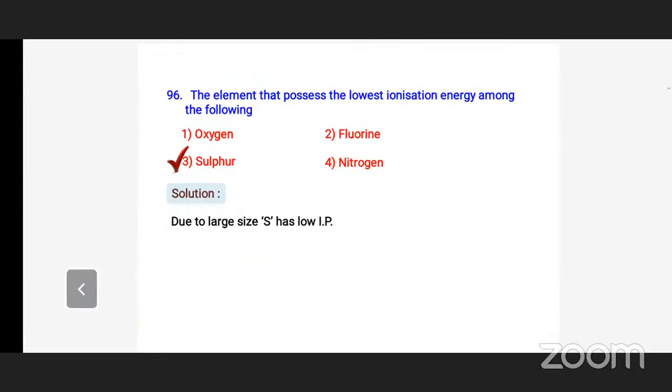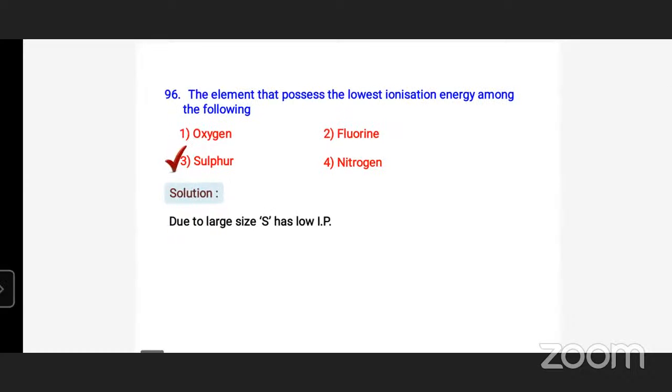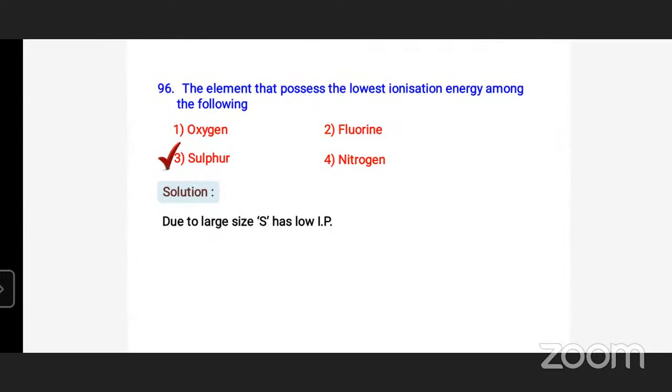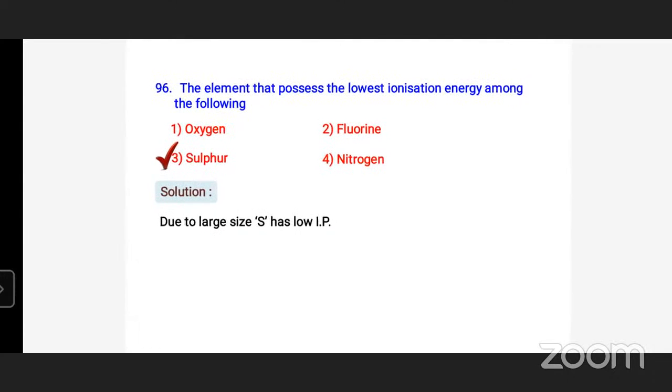The element that possesses the lowest ionization energy among the following: number one, oxygen; second, fluorine; third, sulfur; fourth option, nitrogen. So what is the question? Lowest ionization energy among the following.